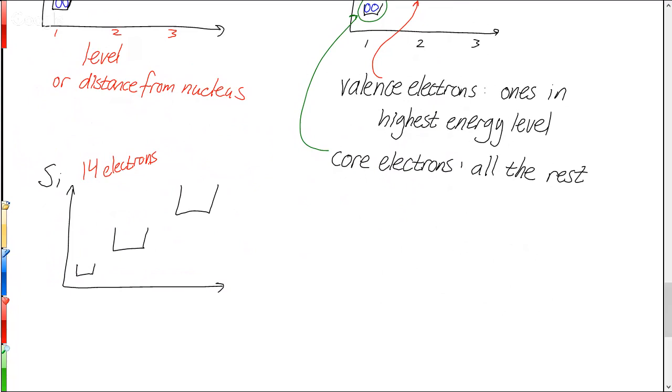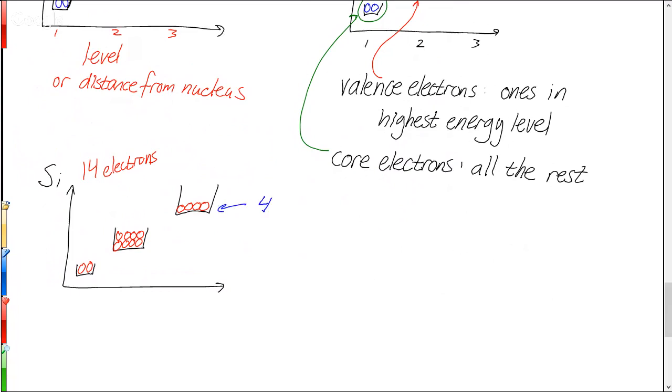All right, let's start counting those up. 1, 2, 3, 4, 5, 6, 7, 8, 9, 10. And that fills up my 8 bucket there. So then I've got to go 11, 12, 13, 14. So that works? Okay. So now let's look at those definitions. How many valence electrons are there here? Yeah, just 4, just the outermost level.